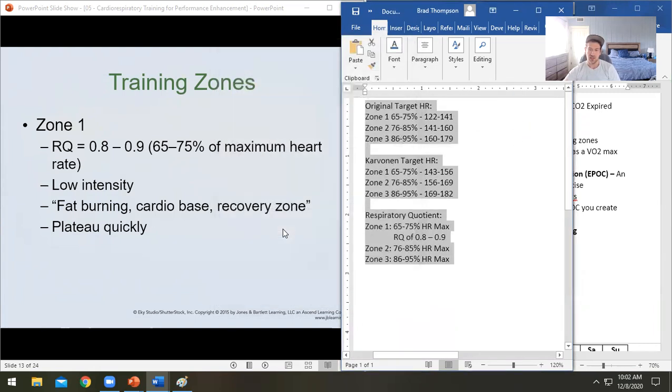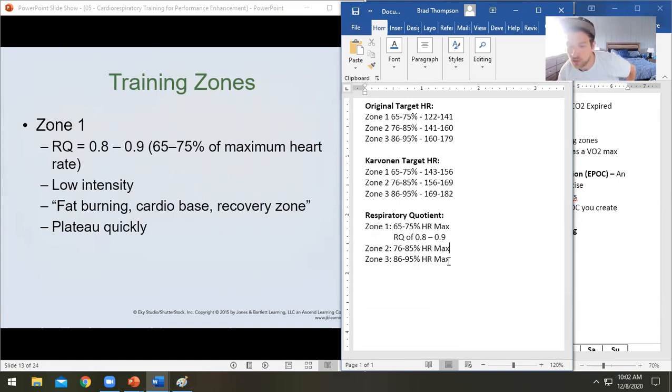Some of it is being exhaled because, again, you've only got so many red blood cells, so much mitochondria, so much hemoglobin to carry that oxygen. And so if you're consuming 90% of the oxygen you're bringing in, but 10% of it's going away, you're still in zone 1. You're still in a low intensity version here.